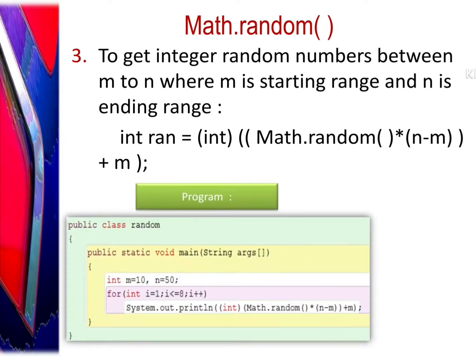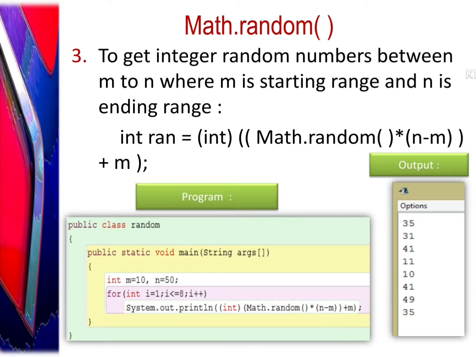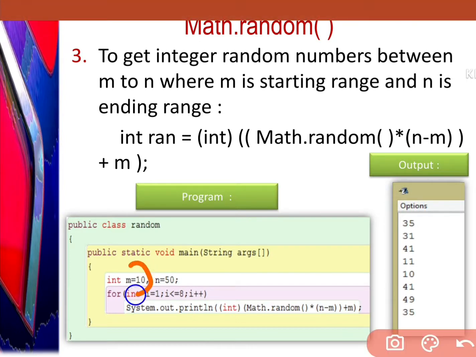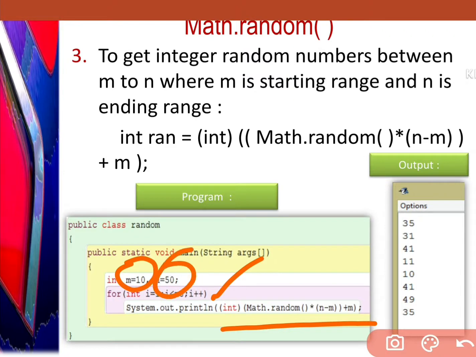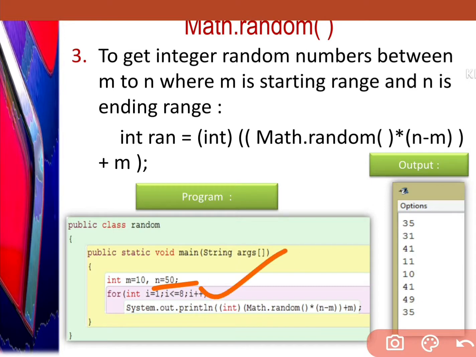I created a program so that you can see the output. I mentioned the starting range 10, the ending range 50, and 8 times I want a number between 10 to 50. I am getting values between 10 to 50. The lowest is 10, and the highest the program gave us is 49, since I had written only 8 times.